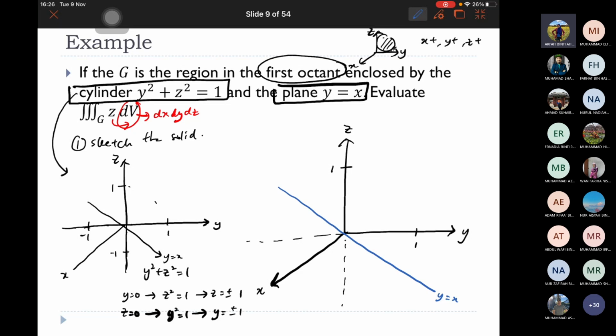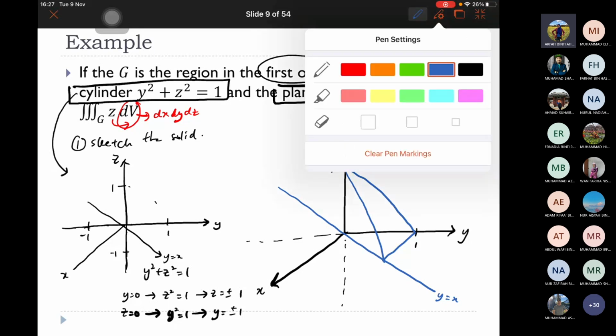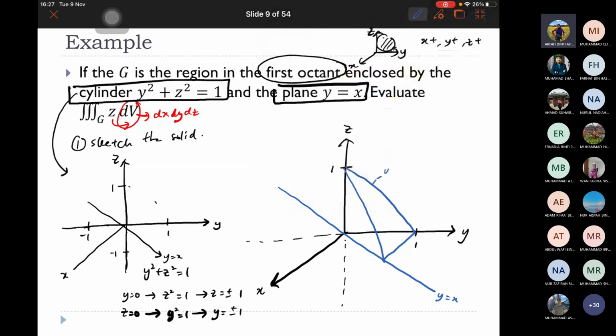Okay. Then ada satu yang menghubungkan titik Z sama dengan 1 dan Y sama dengan 1. This one. So macam inilah dia punya bentuk, lebih kurang like this lah. So dia nampak bentuk dia adalah berdiri. You can see this is the line, ini adalah garisan Y kuasa 2 tambah Z kuasa 2 sama dengan 1.